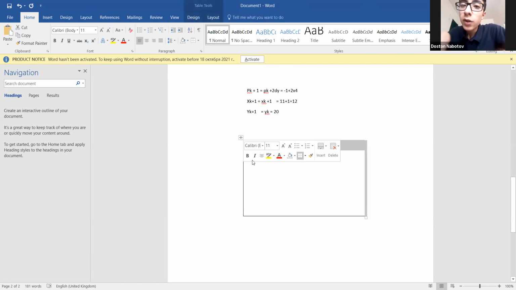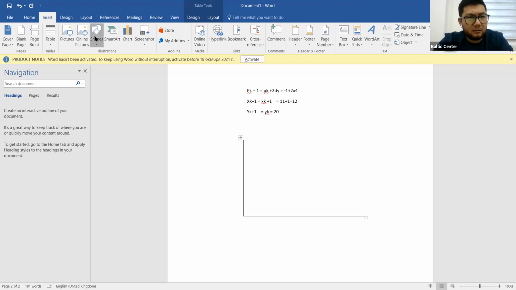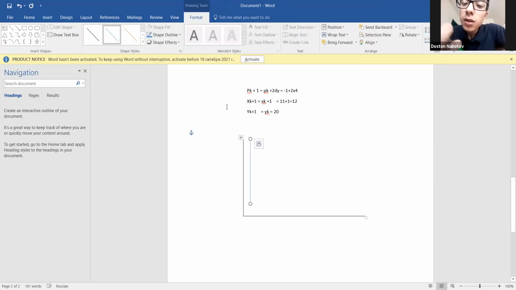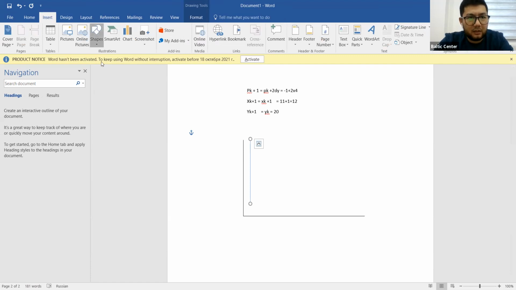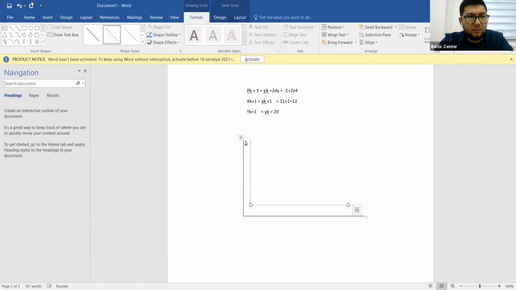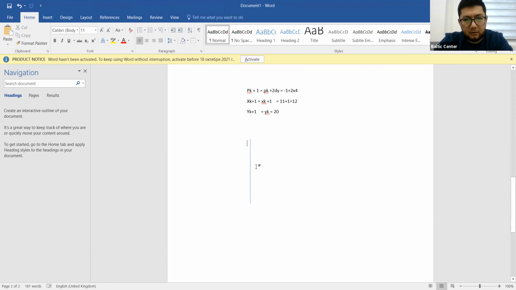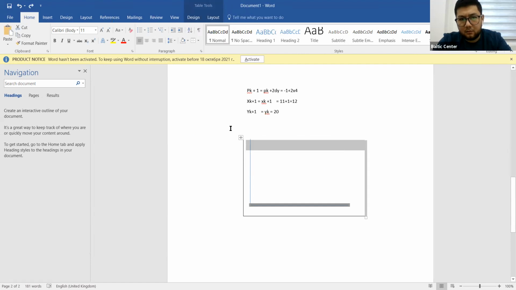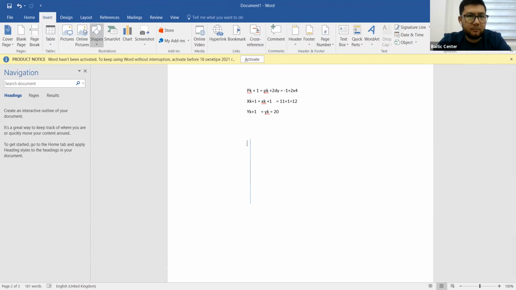I don't know how I can draw it. Shapes. Oh, yeah, you're correct. Show. Yeah, thanks for that, because I'm not familiar with this kind of software. Oh my God, hold on. Anyways, let me draw it again.